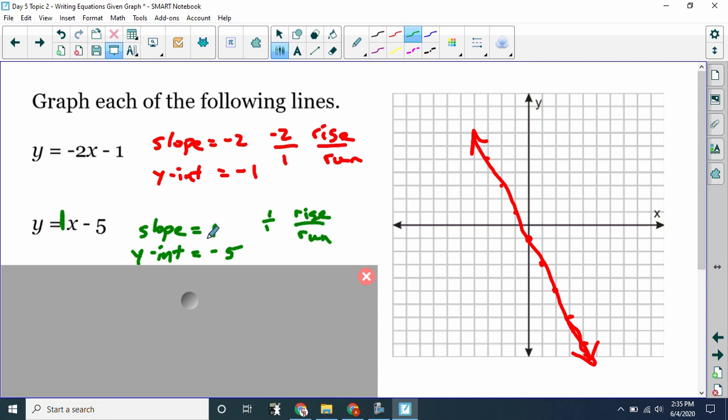I graph my y-intercept first, negative 5. 1, 2, 3, 4, 5. There's my y-intercept. My slope is 1 over 1, so up 1 for my rise, right 1 for my run. Up 1 over 1, up 1 over 1, and so on.